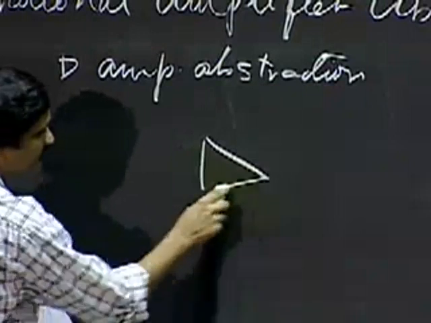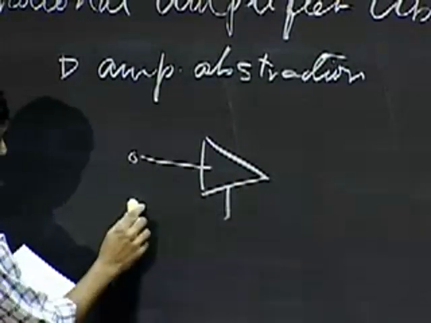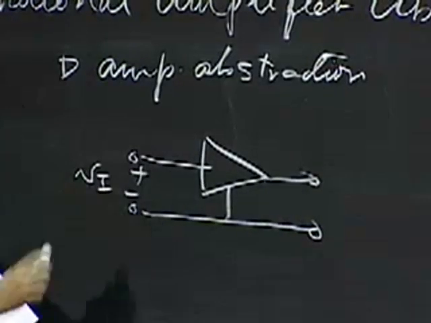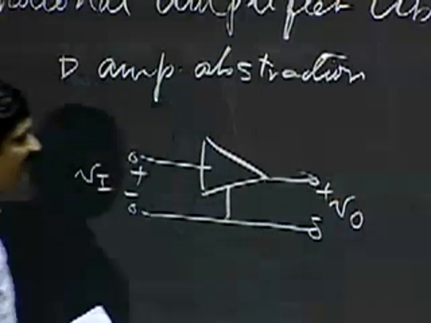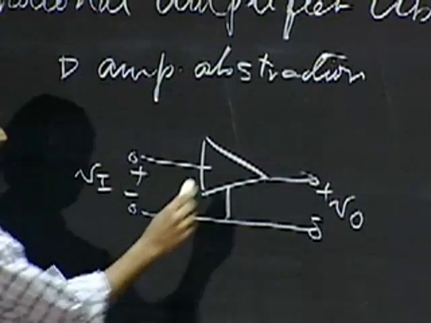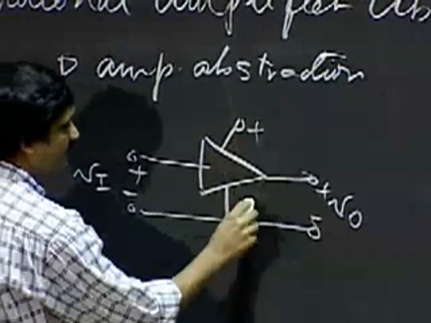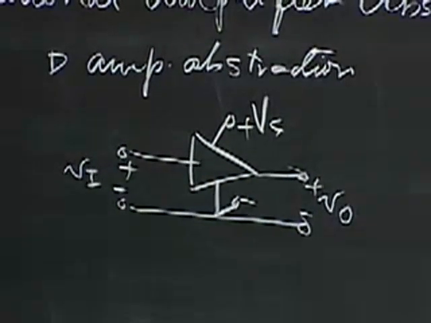Okay, we can abstract that out as a device that looks like this. So I have my input port. I have my output port. And I have my power port.